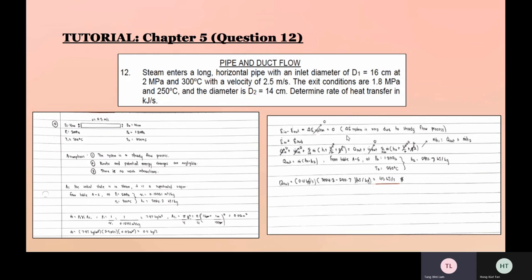There is also no work done, as mentioned, because there are no devices such as pump or shaft or turbine. Thank you.